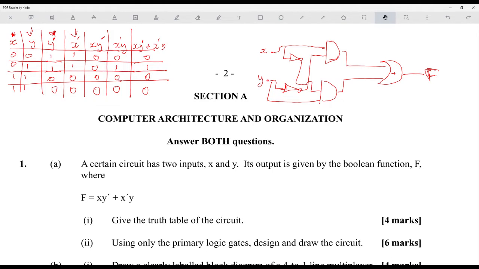6 marks for the... wait, I didn't go through the marks. Alright, let me see where these marks will come from. The truth table for the circuits, I think they will only give you marks just for having the correct thing at the end. So that'll be 1, 2, 3, 4.